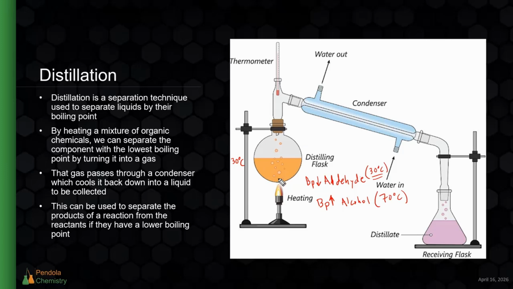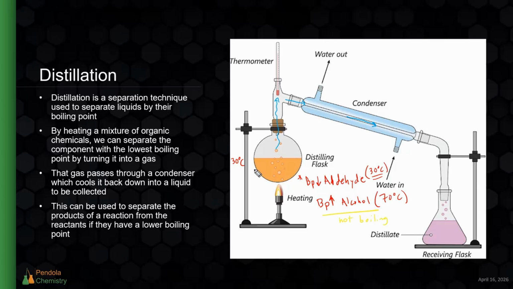So what happens? As this mixture starts to boil, only the aldehyde is boiling. The alcohol is not boiling. It is not turning into a gas. So that aldehyde that is turning into a gas is going to evaporate, go out through this tube, which we call a condenser, and in the condenser, it's going to turn back into a liquid.